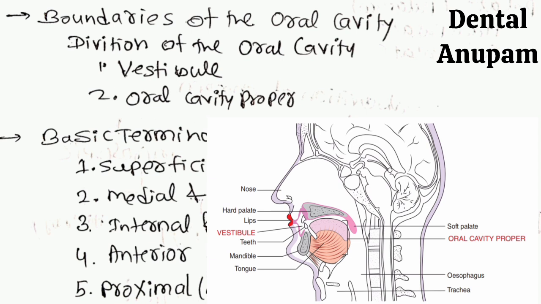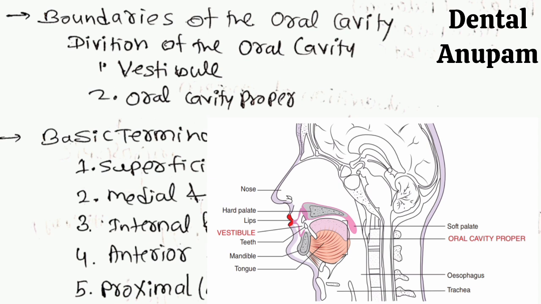It is lined by mucous membrane which is kept moist by the secretion received from salivary glands. This mucous membrane is continuous with the mucous lining of the lips, cheeks and alveoli of the upper and lower jaws.